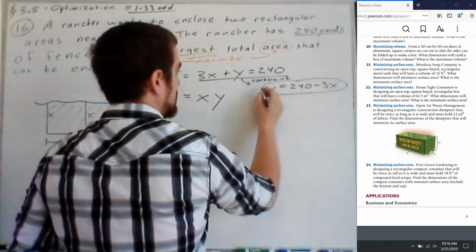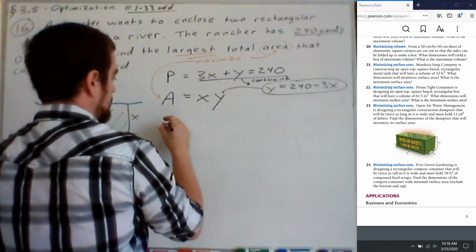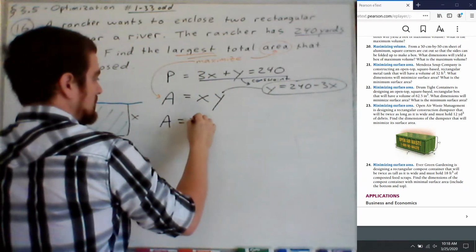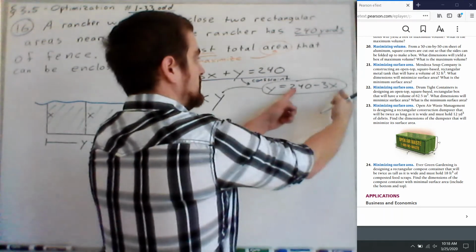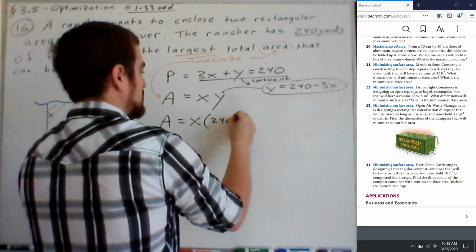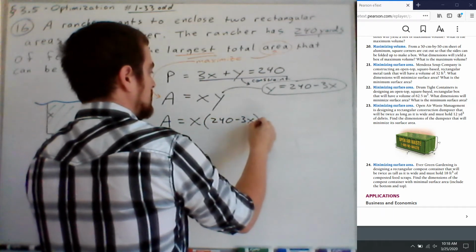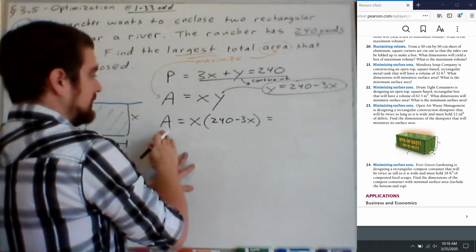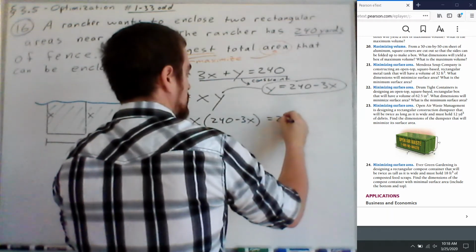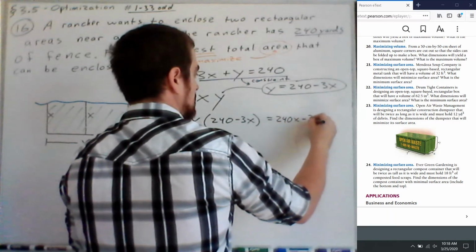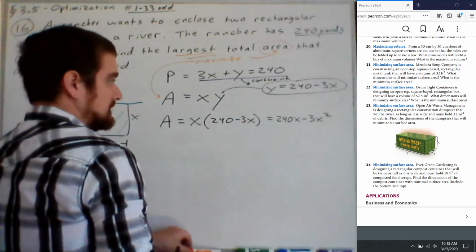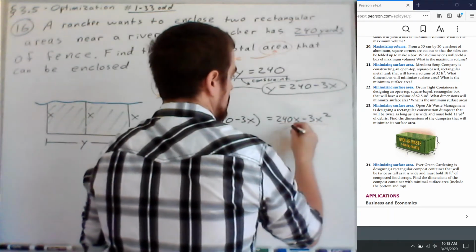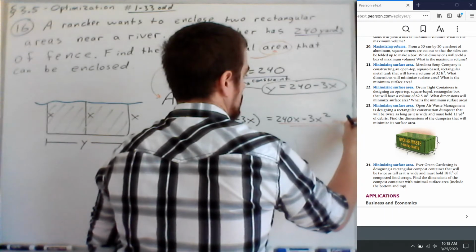This is what I can replace here for y and say that my area is given by the formula x times, well, this is now y, 240 minus 3x, which means my area function becomes, and again, I'll write it as a polynomial just so it'll be a little easier to differentiate, 240x minus 3x squared. There's my area.